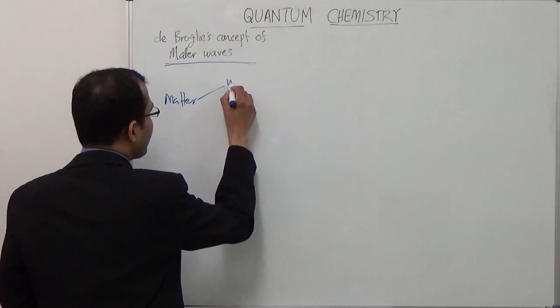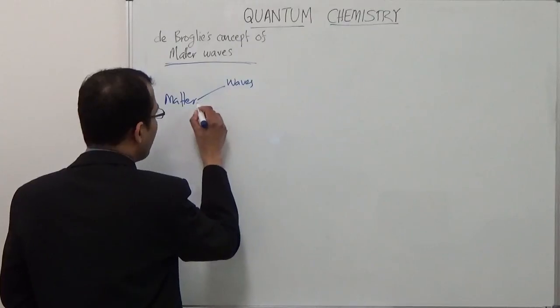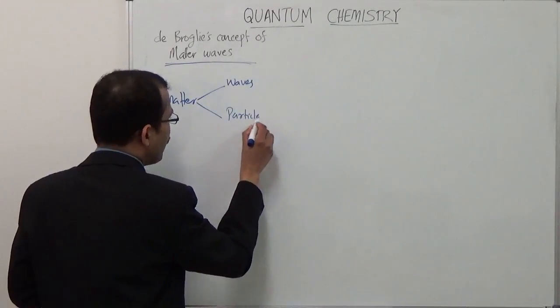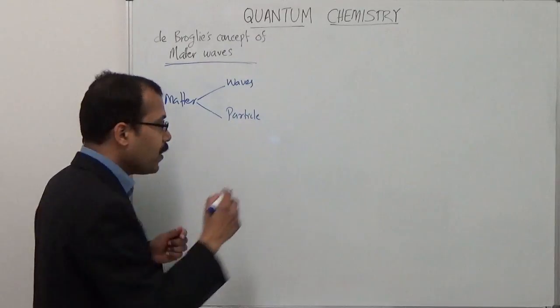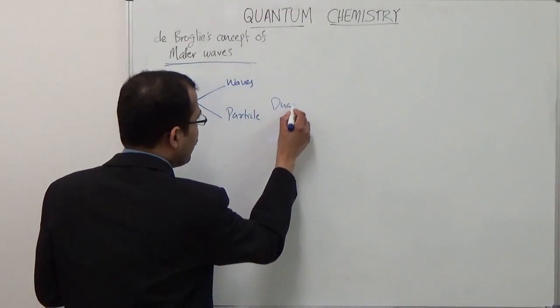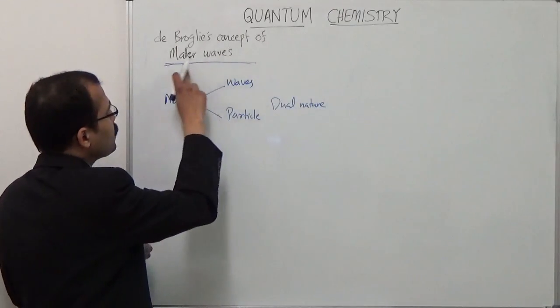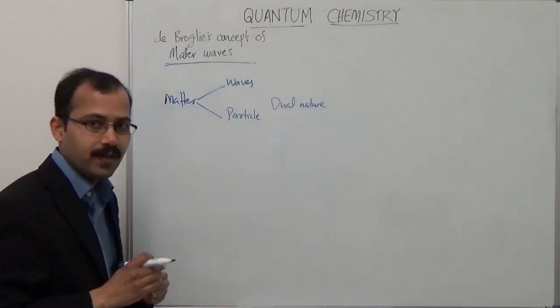Matter behaves like waves and matter can behave like particles. This is called the dual nature of matter, or de Broglie's concept of matter waves.